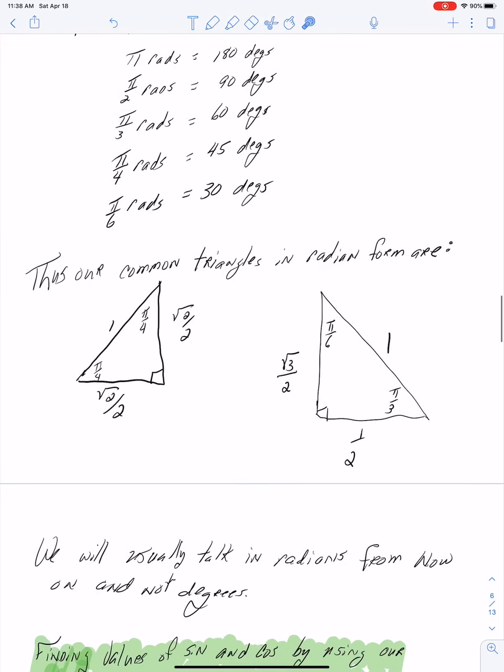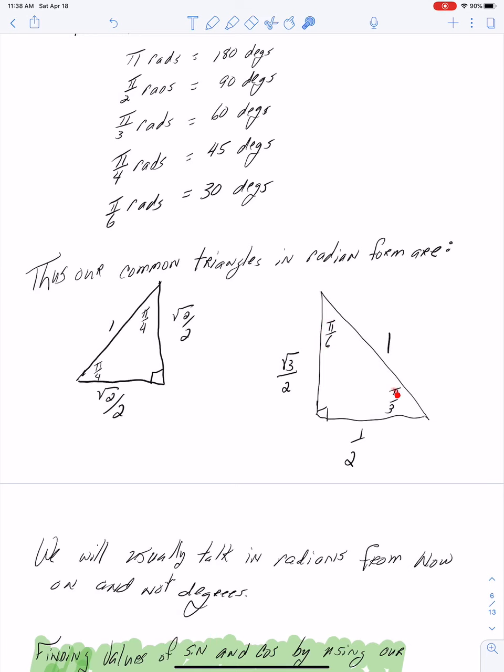Okay, that then gives our common triangles the following values. 45, 45, 90 is pi over 4, pi over 4, 90, which is pi over 2, right? Recall, those are the values of the hypotenuse and the sides. The other one is pi over 6, that's 30.